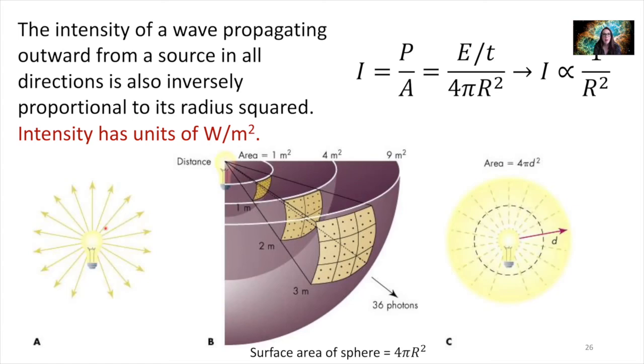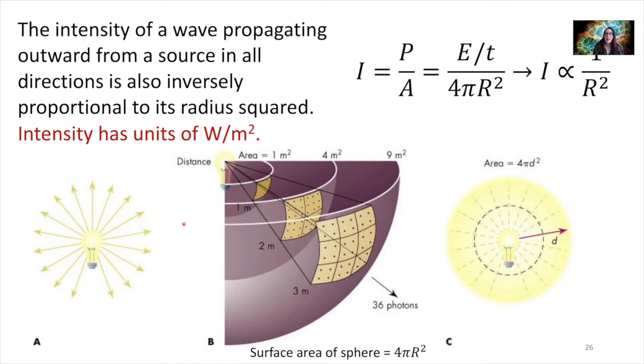Let's imagine something that's a light source, like a light bulb. Or in astronomy, we think about this as a star. That light bulb or that star has a power output that is a constant of that object.